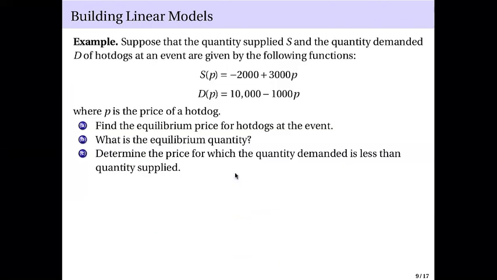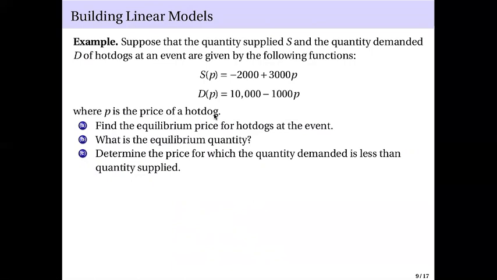Suppose that the quantity supplied S and the quantity demanded D of hot dogs at an event are given by the following functions. S of P equals negative 2,000 plus 3,000 P. D of P equals 10,000 minus 1,000 P, where P is the price of the hot dog.